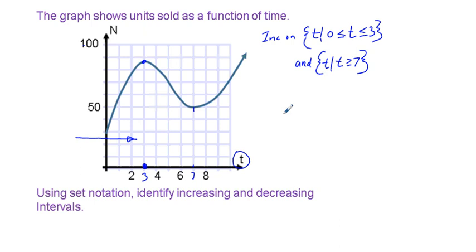Increasing and decreasing. Okay, that's the increasing interval, and decreasing on, we're going to go between 3 and 7. So on t such that t is greater than or equal to 3, but less than or equal to 7.